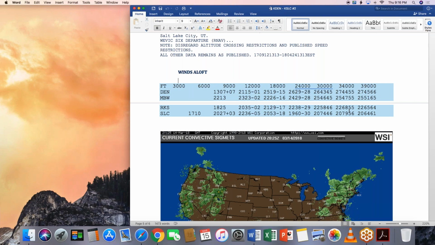I don't know if I'd call it a minus or a plus, but it's colder, because it's 65 right now. ISA is 63. So if it's 65 right now, it's 2 degrees colder.